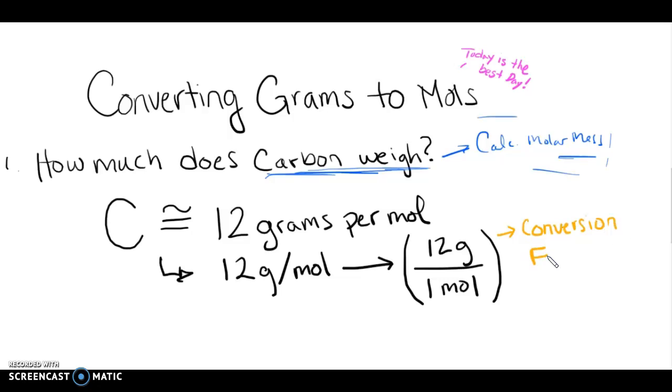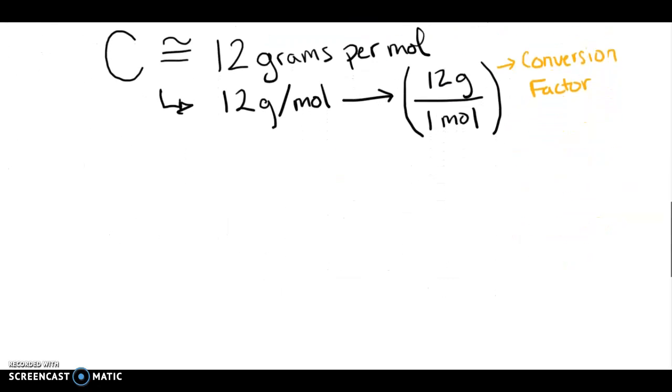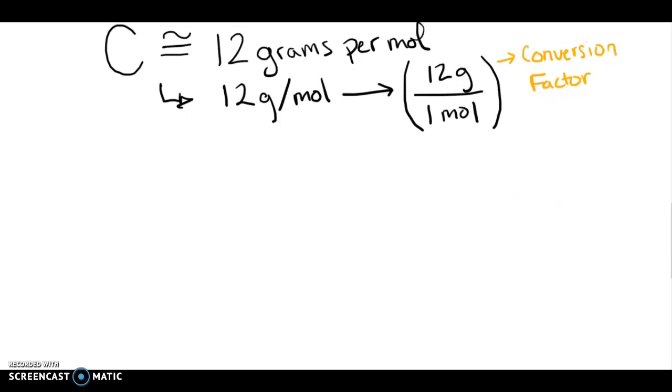So this is our step 1. We always want to know, when converting from grams to moles, what our conversion factor is. And that's going to be the weight of your element or elements in grams per mole. Okay, so we're going to actually do a conversion problem. So we're going to keep that on the screen.